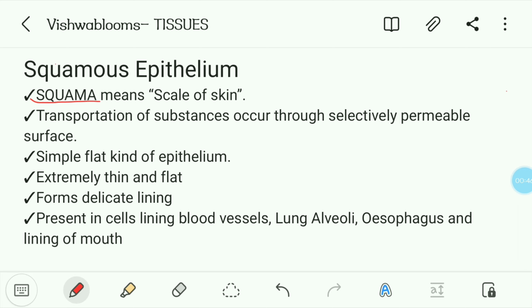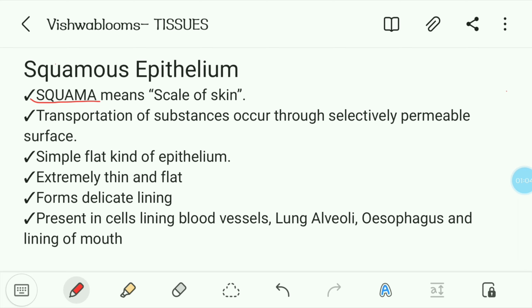Now what is a squamous epithelium? It is one kind of simple flat epithelium. This squamous epithelium is very thin and flat. Wherever it forms the lining, it is a very delicate lining.